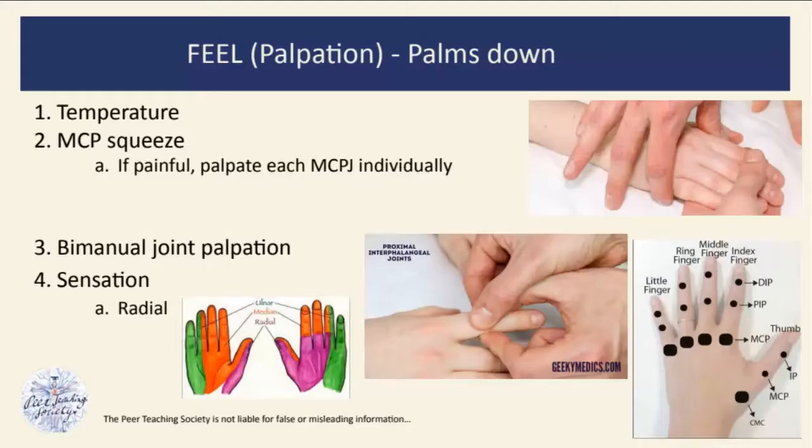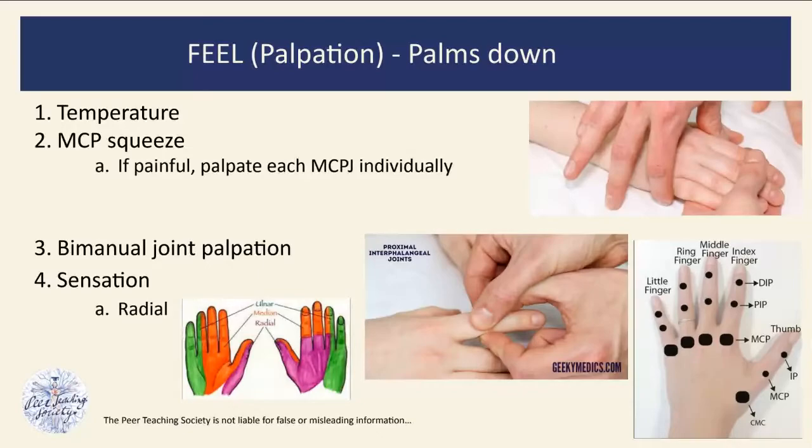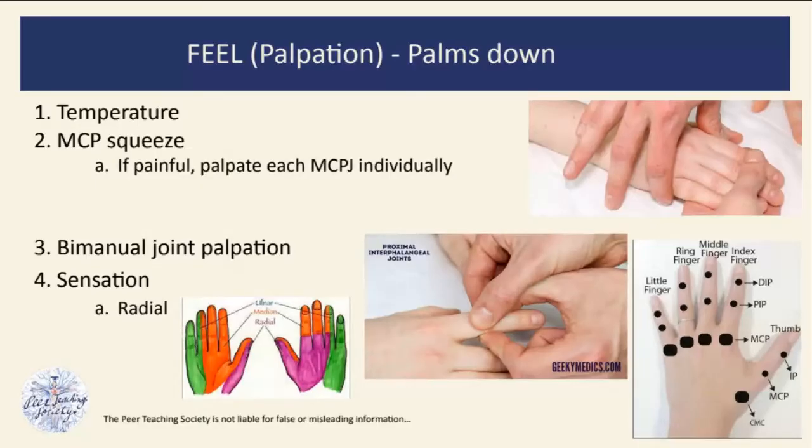So palms down, test for temperature again. This is where you do the MCP squeeze, so squeezing all the MCP joints together like this. And if they do hurt for the patient, then you want to go individually, okay, for each MCP. Then you're going to do a bimanual joint palpation.